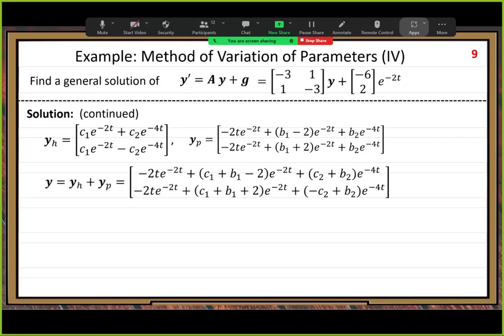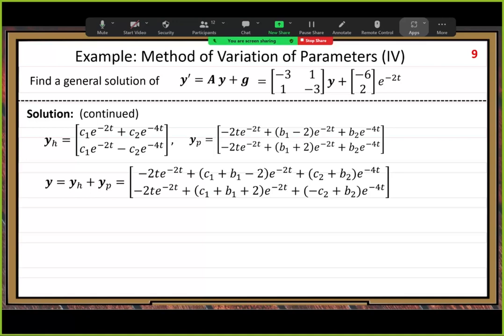After we add up these two vectors, that's the final expression. It's correct, but it may not be the simplest form. After we get this form, we want to try our best to make it a little simpler.